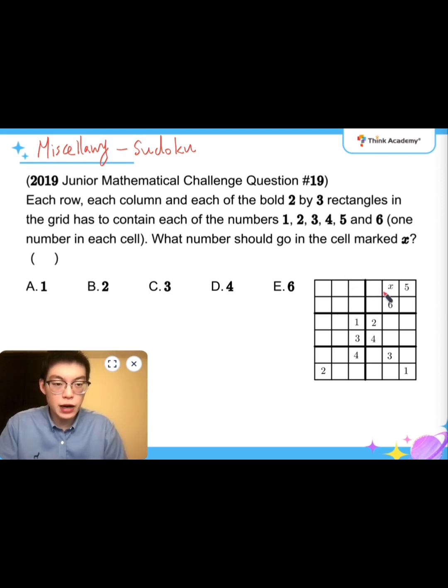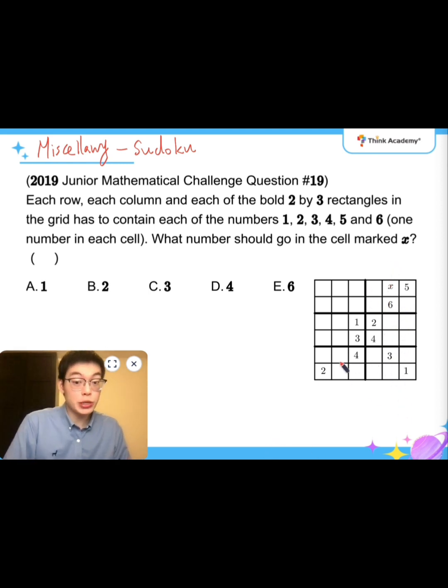First of all, we need to find x, right? So we're just taking a look at the row, column, and box of x, and we can see that there's not much useful information there. So let's just try to work on where we can find the most information. In this box we have 2 and 4, and it includes the column of x that goes through this box, right?